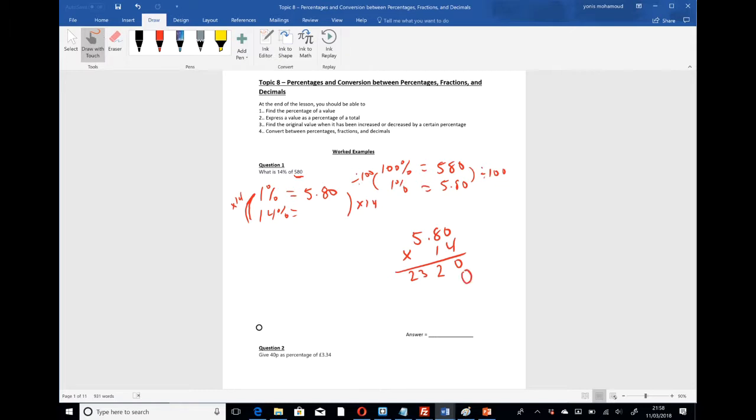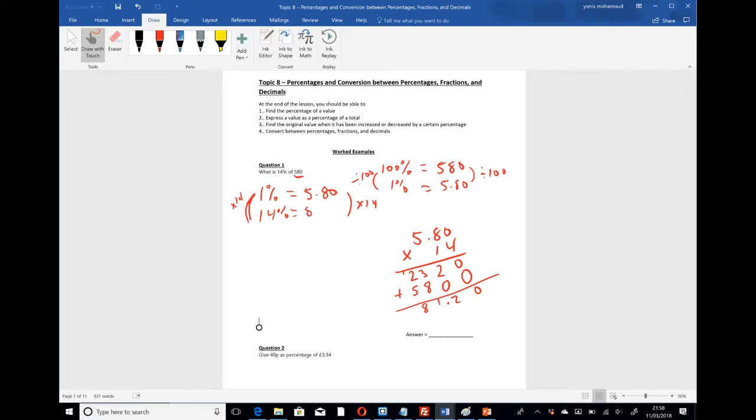I'm going to put down an imaginary 0, and then I'm going to do 1 times 0, which is 0. 1 times 8 is 8, and then 1 times 5 is 5. So then I'm going to add 2,320 to 5,800. So what do we have? 2 plus 0 is 2. 3 plus 8 is 11. Carry the 1. 1 plus 2 is 3, plus 5 is 8. Because we did 5.8 times 14, I'm going to have to jump 2 decimal places right there.